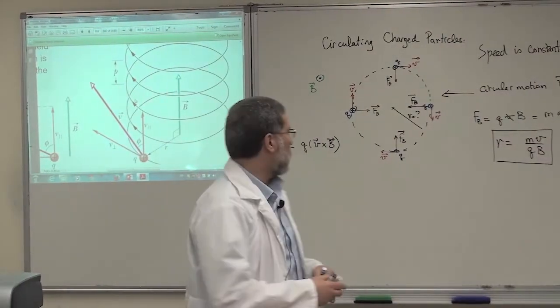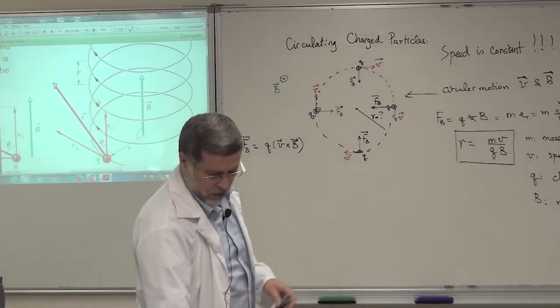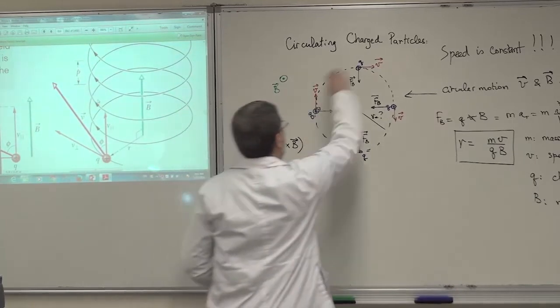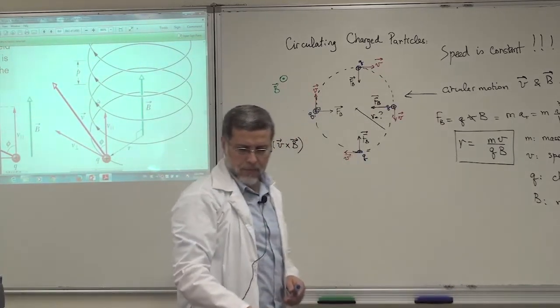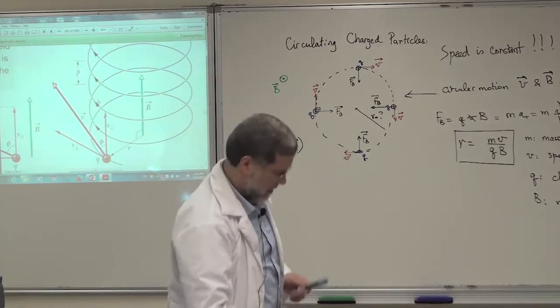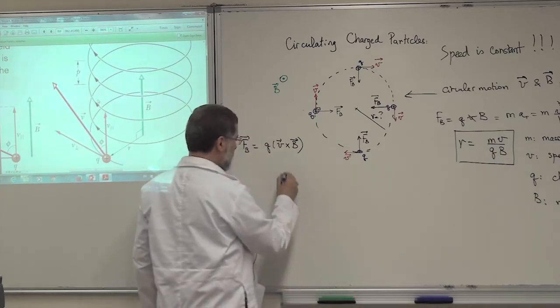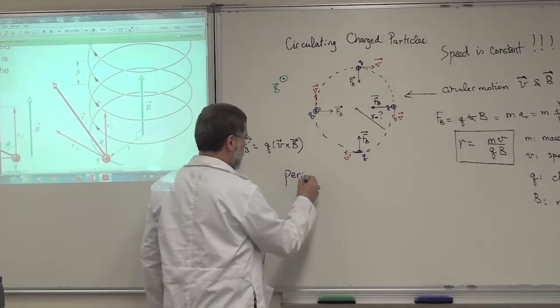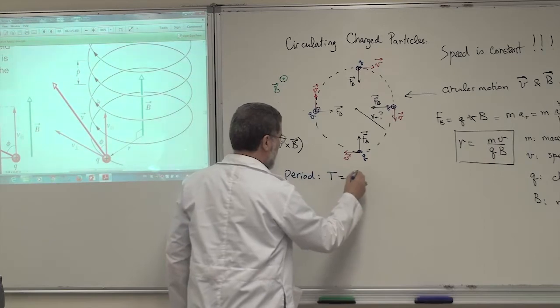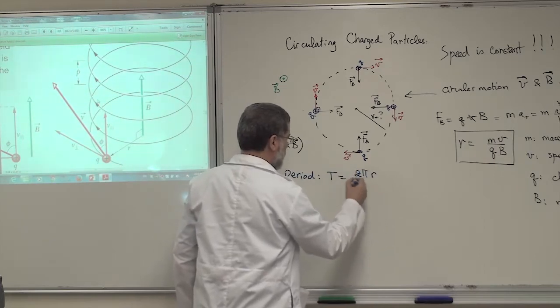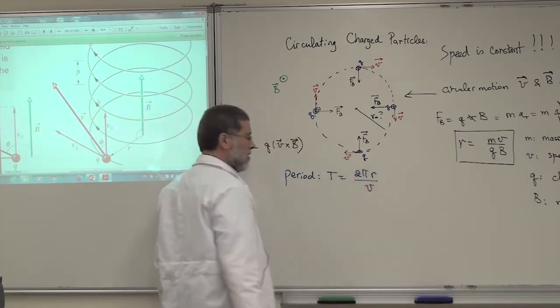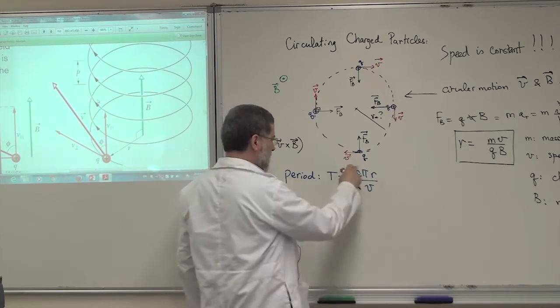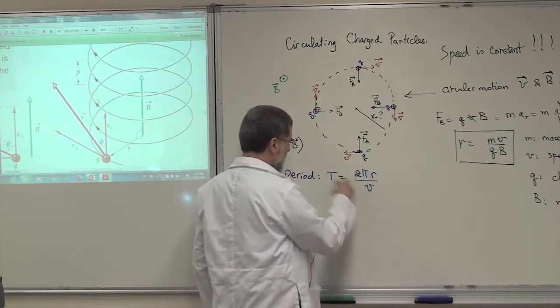Now we can calculate what we call the period of revolution. The period of revolution, T, is 2 pi r, which is the circumference, over v. Distance over speed, that's the time.